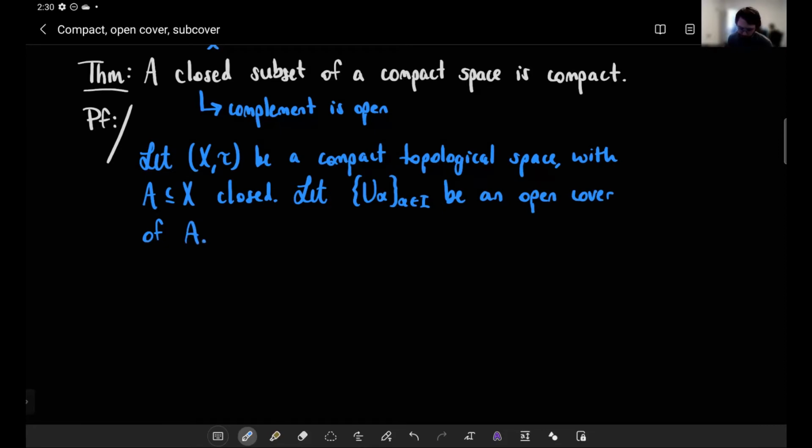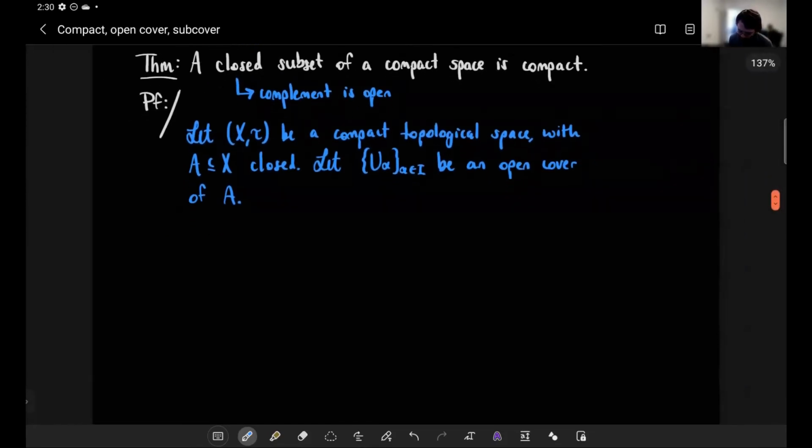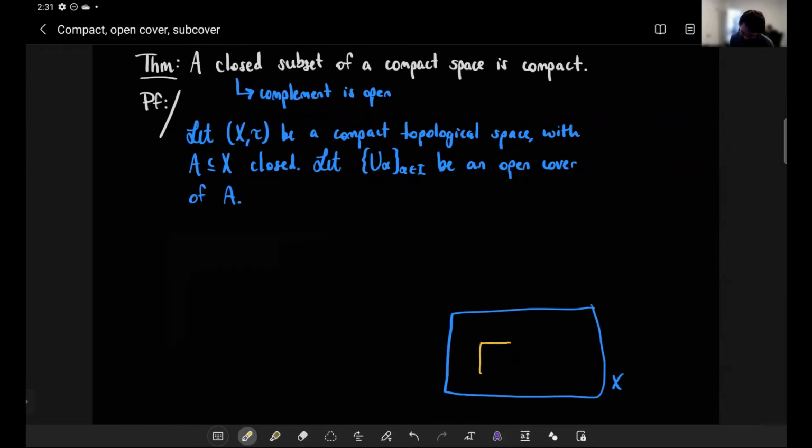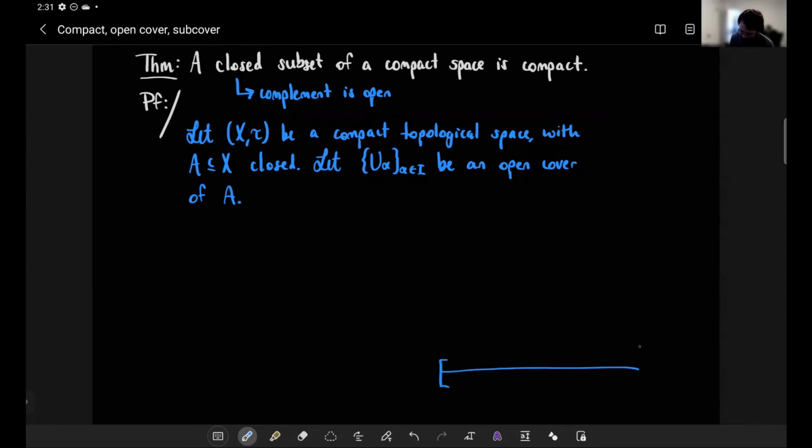And let's get a picture brewing just so we have something to look at. X is a compact space. Let's draw it in one dimension maybe. Let's say this is X, and A is some closed subset of it. Again, in your brain, you're thinking probably in a Euclidean way, but this will work in general.